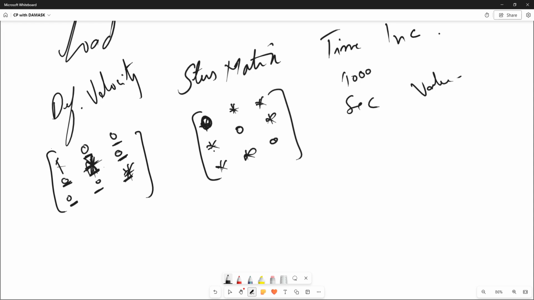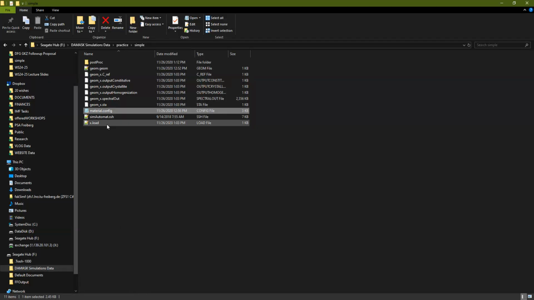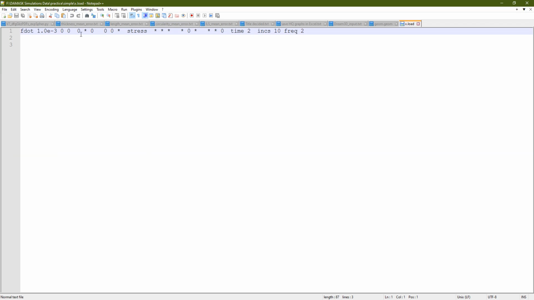Okay, if I show you an actual load file, it looks something like this, right? So it is written in just one line. You can also write it in separate lines like we talked about, but this is basically first component, space second component, space third component, space the other components, right?